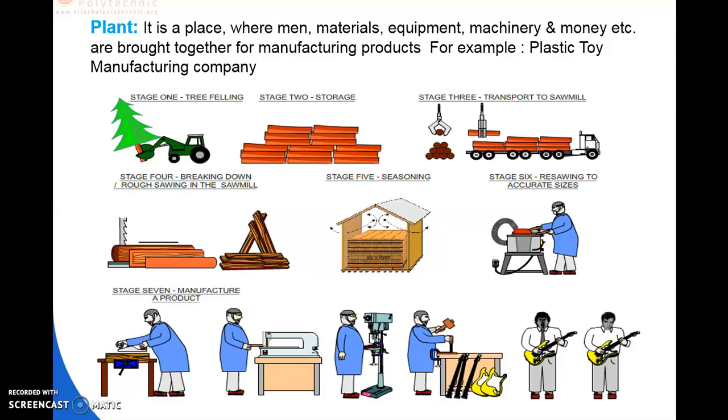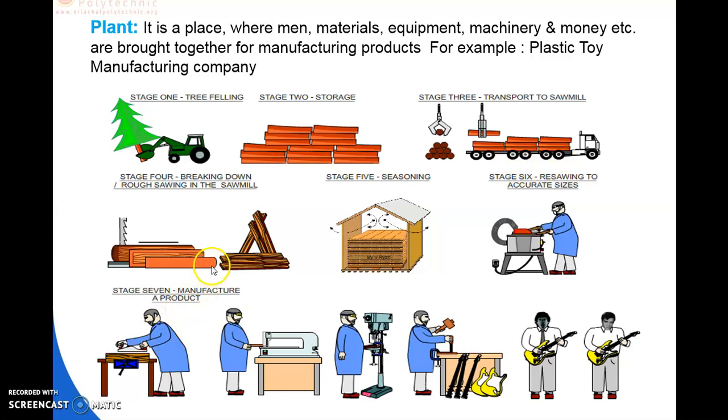Let's come to the definition of plant. As shown in the figure, we have a plant where we are going to manufacture a guitar. The guitar is produced by using wood. First of all, the tree is cut, then the timbers are collected. After that, they are transported by trucks.